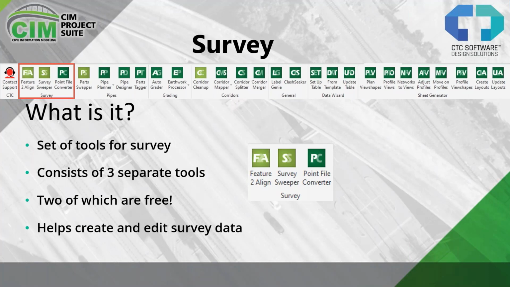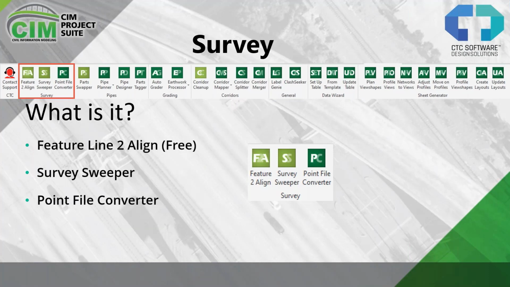Like I said, those first 2 are free, and then the third helps us create and edit the survey data. Let me move to the next slide here. We talked about what feature line to alignment does, and Survey Sweeper, I should have put free there too. And the point file converter, what does that do? Well, you don't have to have multiple point codes for your field crews.